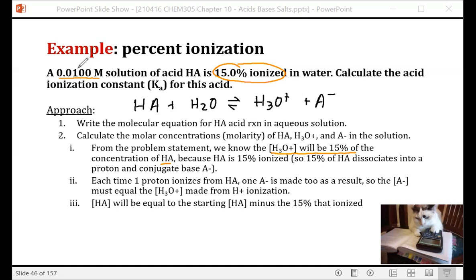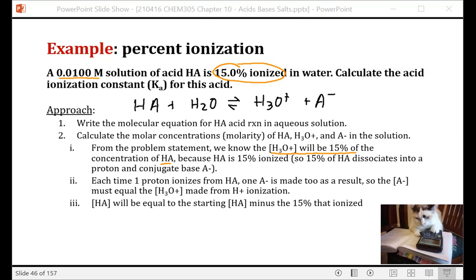So once we calculate 15% of our starting acid concentration, we know these two concentrations, H3O plus and A minus. And then to figure out the concentration of HA once equilibrium has been reached, once it's ionized as much as it's going to, you take the starting concentration minus the 15% that was ionized to get your final concentration.